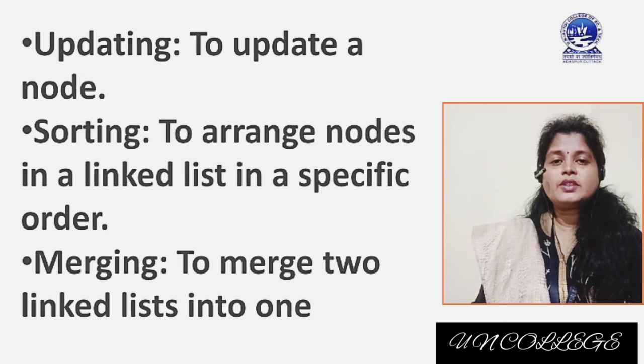Sorting: suppose your linked list has a number of nodes consisting of values. If you want to arrange the nodes in a particular order, the sorting operation is performed. Then merging: suppose you have two different linked lists and you want to merge them, so the merging operation is used. If you want to know in detail, you may refer to our data structure class.